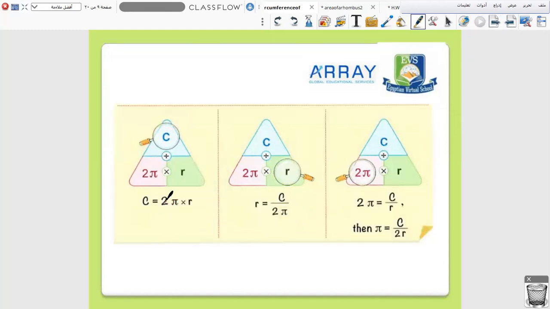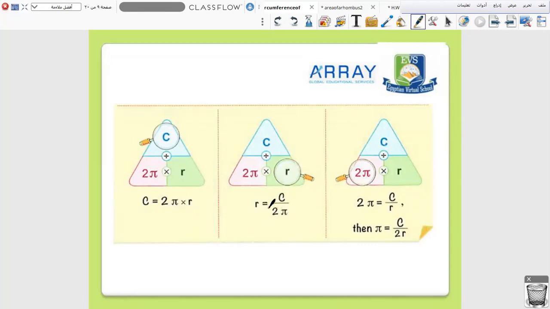The second rule, if we put 2r instead of diameter, circumference equals 2 pi times r. Circumference equals 2 pi times radius, which is the radius length. If you want to get the radius length of a circle, it's circumference over 2 pi.